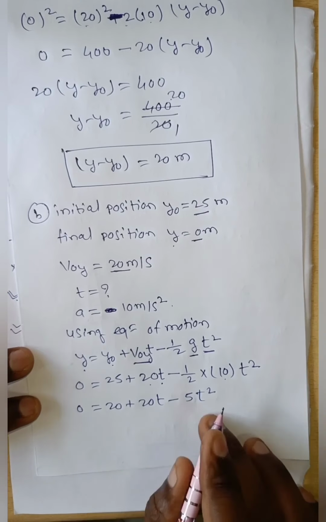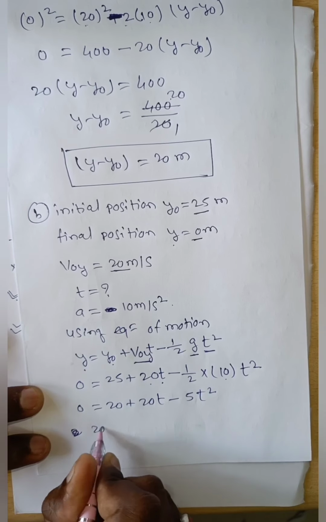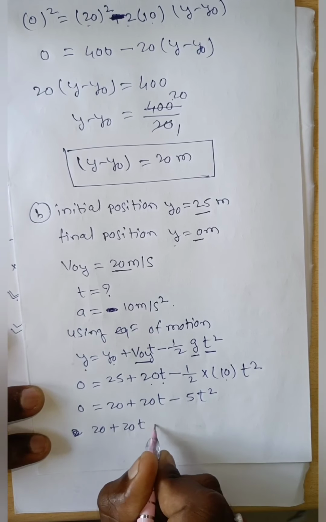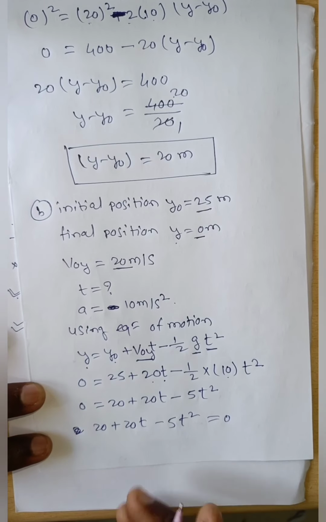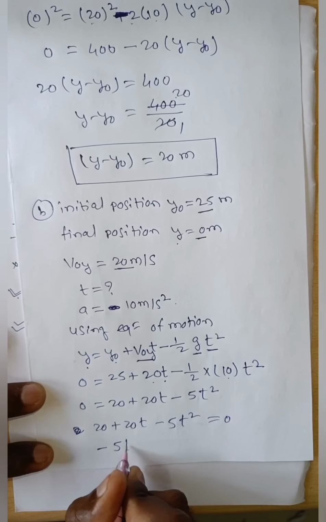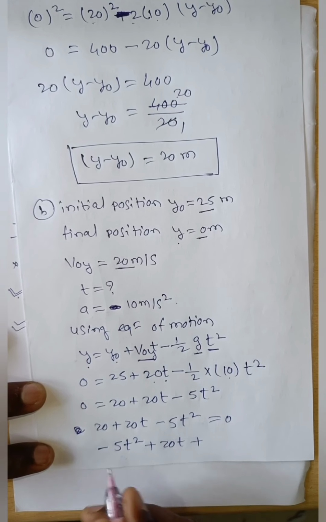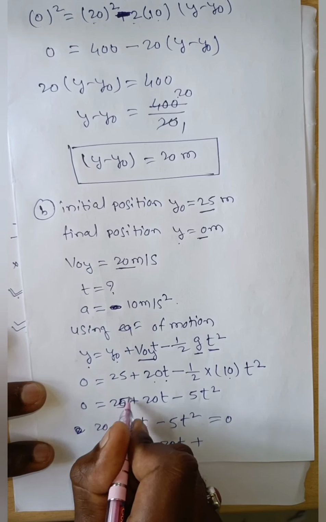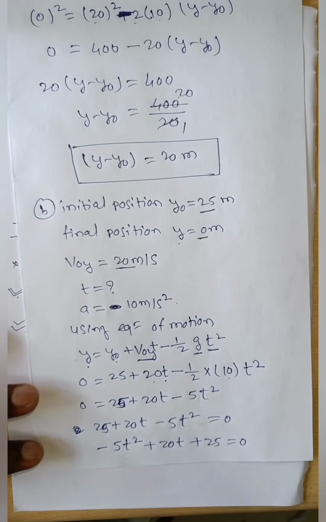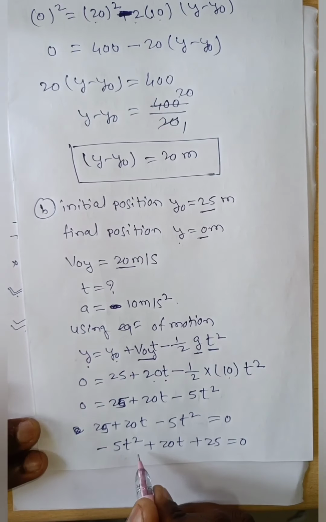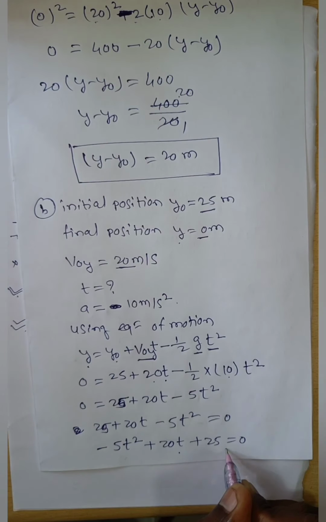Now we have to write this as 25 plus 20t minus 5t square is equal to 0. Writing minus 5t square first: minus 5t square plus 20t plus 25 is equal to 0.